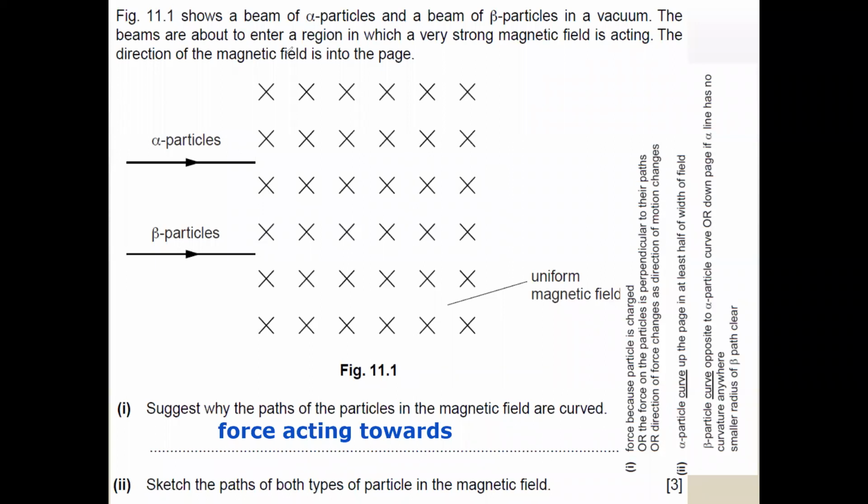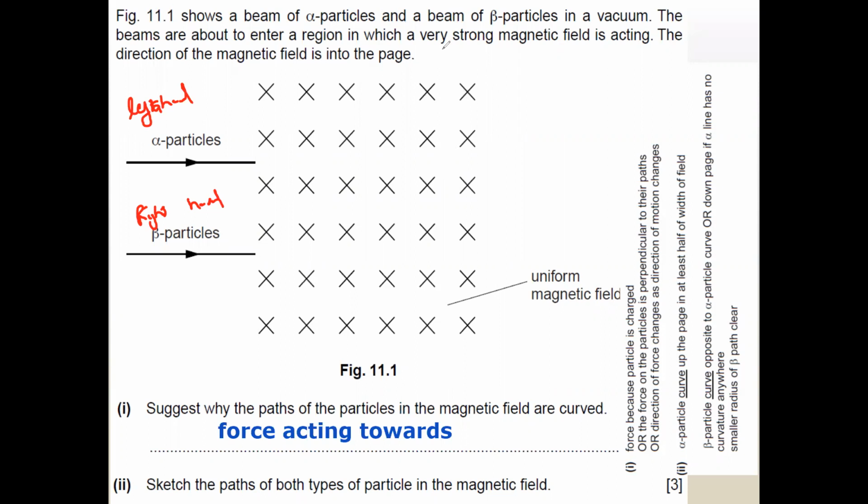So always remember, whenever you have an alpha particle, you will use the left hand. And when you have a beta particle, you will use the right hand. Only the hand differs, or you can work out one and the other one will always be opposite. So if the alpha particle is going up, beta will go down. If the alpha particle is going down, beta will go up.